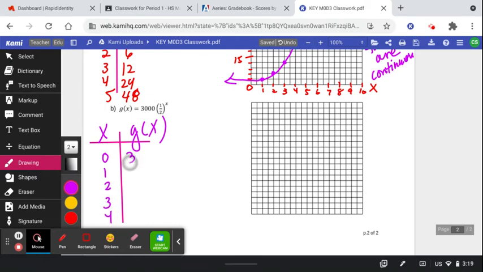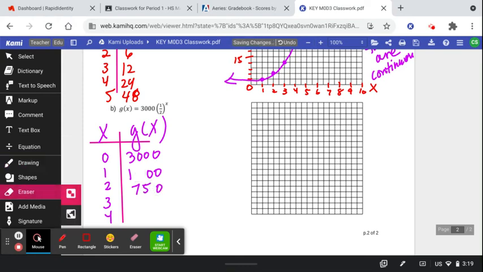So at time 0, we're starting way up at 3,000, and with every step, we're taking half of that. So half of 3,000 is 1,500. Half of 1,500 is 750.